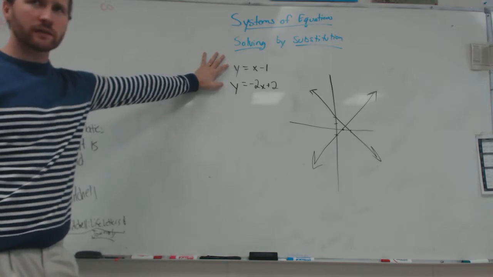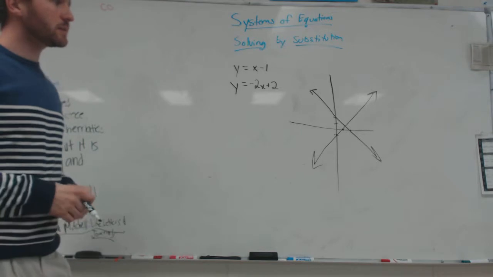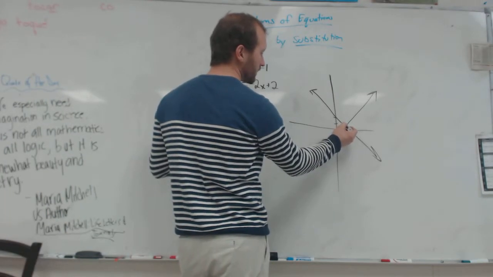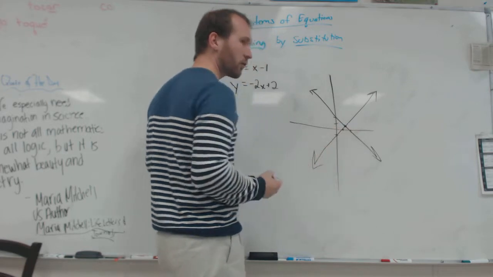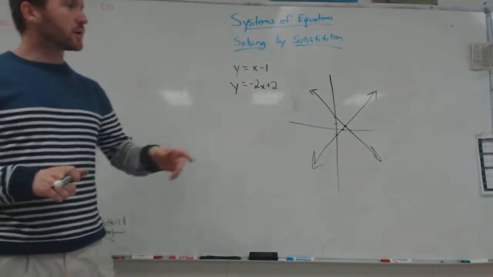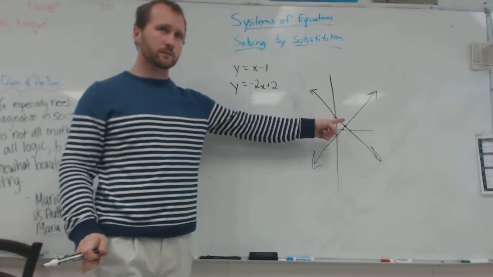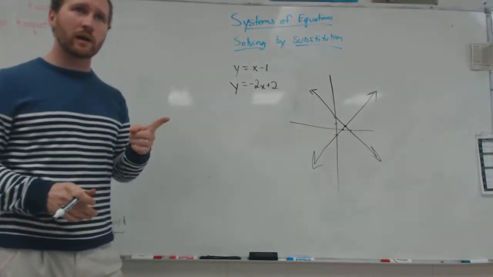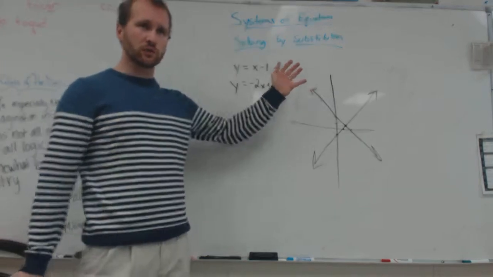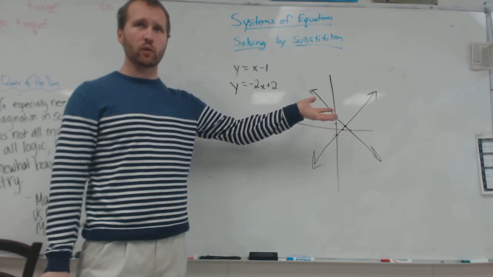I have two lines. The reason we solve systems of equations is because we want to know where those two lines cross each other. Where do they intersect? We're going to find this point. Today I'm going to show you one way of finding this point. Technically I've shown you one already, which is you could graph the lines and find the point.